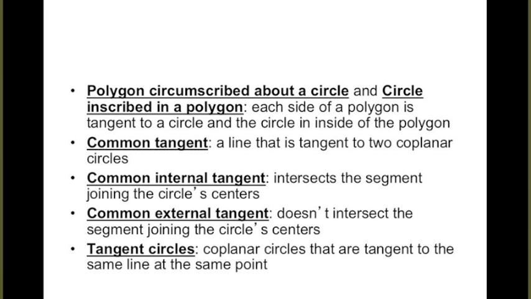Okay? When we do this, we want each side of our polygon to be tangent to our circle. This might fall off my board here a little bit, but pretend like that closes up and makes a triangle.